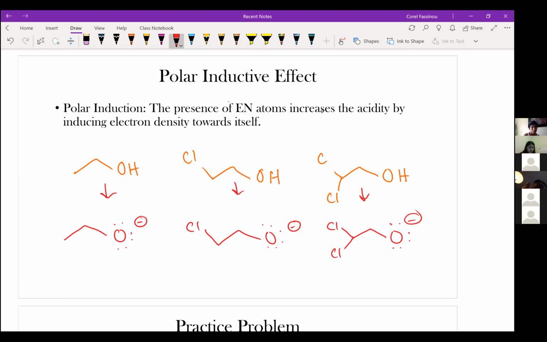So let's look a little bit through the original mnemonic. First, the charge is all the same, so we can't really compare that way. The charge of all of these conjugate bases and the starting acids are all the same, so we can't say one is going to be stronger than the other right off the bat. Then let's look at the atoms. In atoms, we have electronegativity and size.